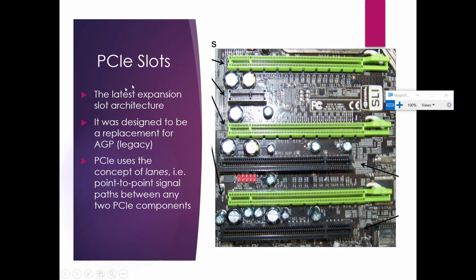So you see PCIe slots here, the latest expansion slot architecture. It was designed to be a replacement for AGP, the Advanced Graphics Port. PCIe uses the concept of lanes, i.e. point-to-point signal paths between any two PCIe components.